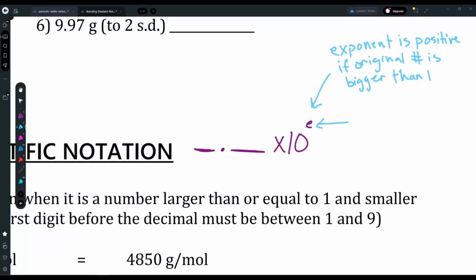However, the exponent will be negative if your number is between 0 and 1. So it's 0.0 something something. So exponent is negative if original number is between 0 and 1.